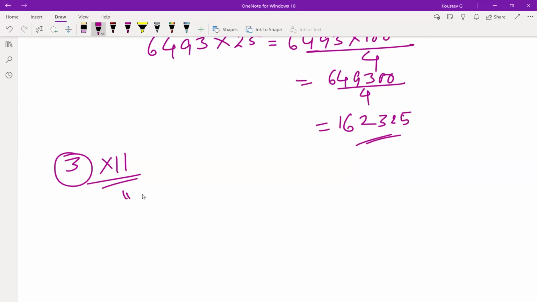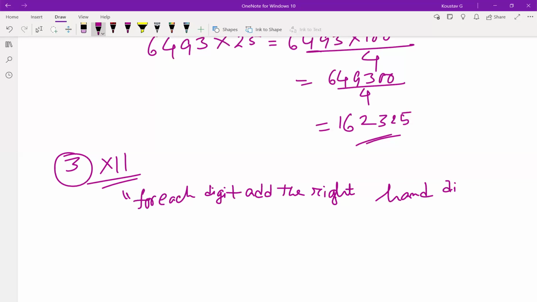So what key point have I told you? For each digit, add the right-hand digit, and write the result as the corresponding figure in the product.